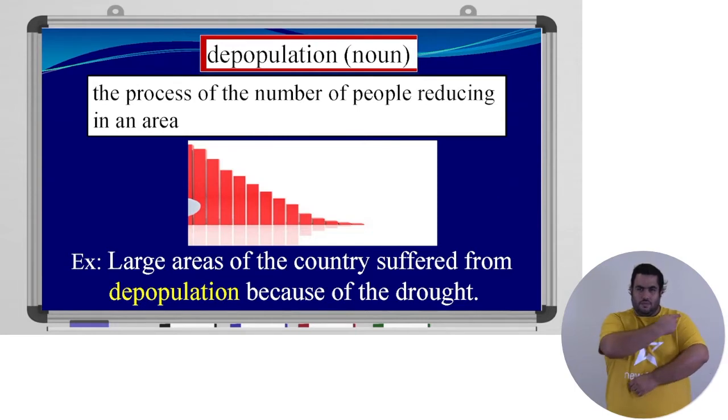For example, large areas of the country suffered from depopulation because of the drought. So, one of the disadvantages is rural depopulation, meaning people moving out from rural areas, becoming less.